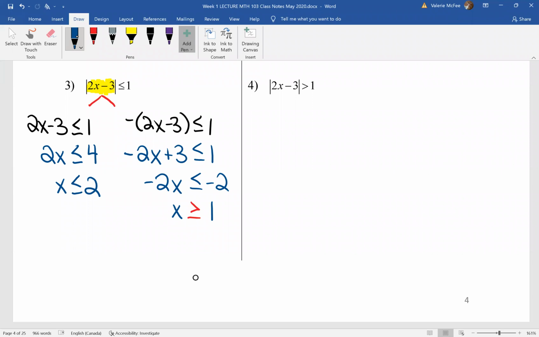So I've got two numbers that I need to put on my number line, 2 and 1. Remember that smaller numbers are always on the left. We see that x is less than or equal to 2. So 2 gets a closed bracket, less than 2, greater than or equal to 1.